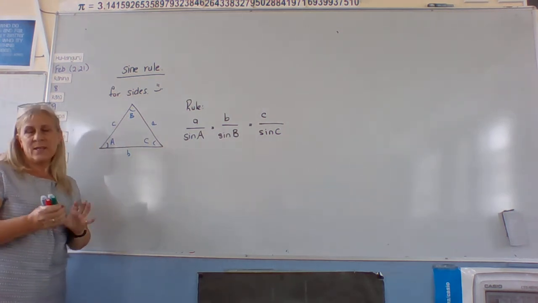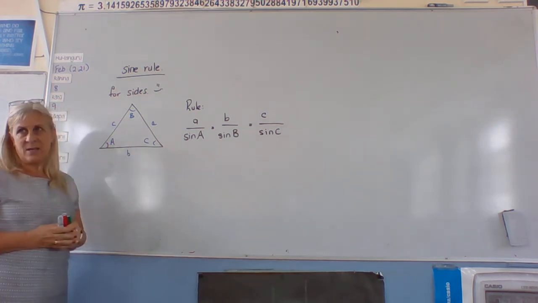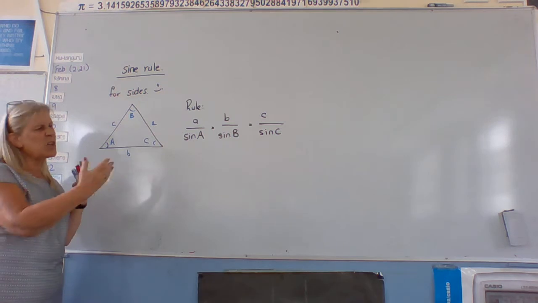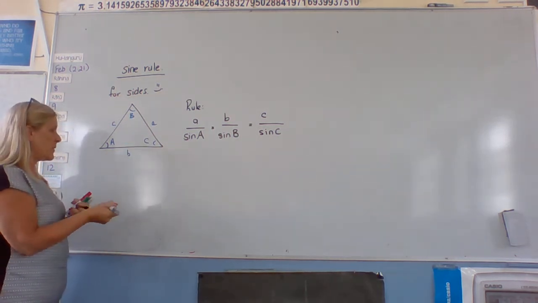Now, when we're working this out, we need 2 parts of that. So we don't need C. We usually only write it in terms of A and B, but C is part of the formula.